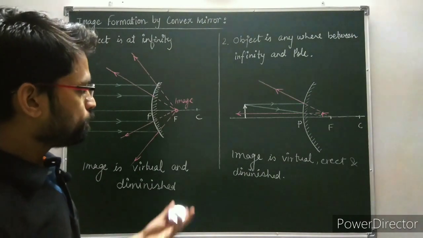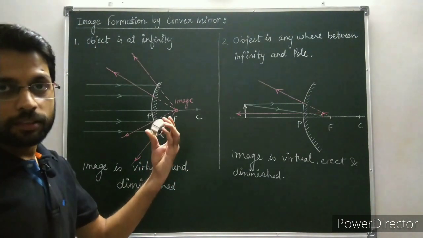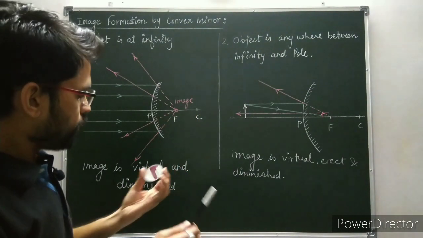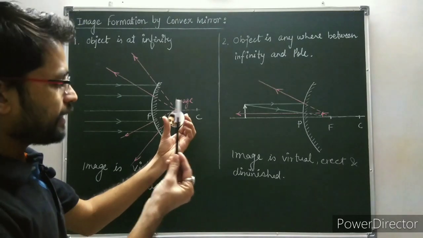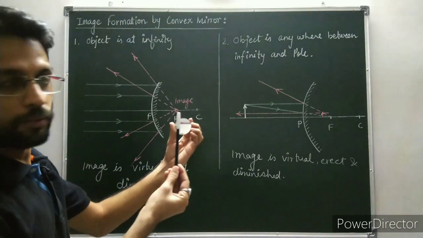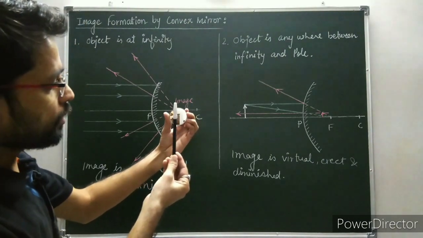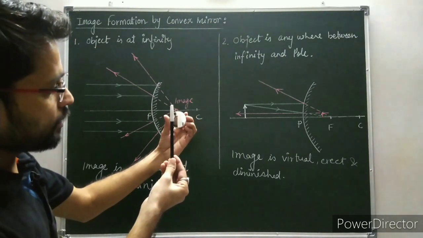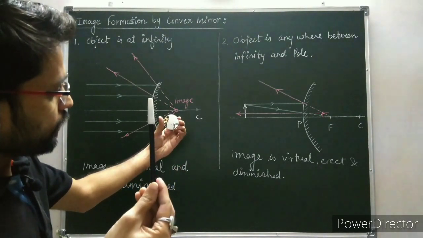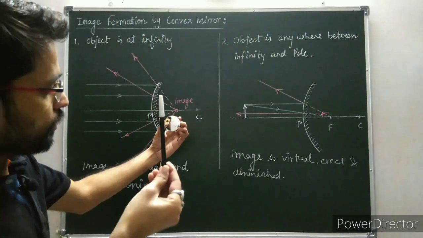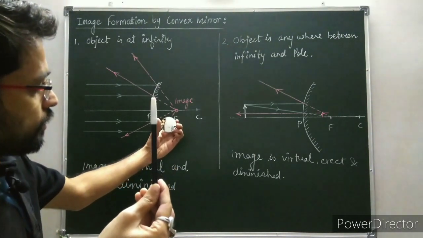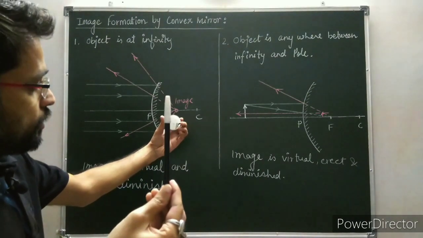As you can see, this is the convex mirror, and when we place object in front of the reflecting surface of the convex mirror, the image is always erect. Wherever the object be placed, independent of the position of the object, the image is always erect and diminished.